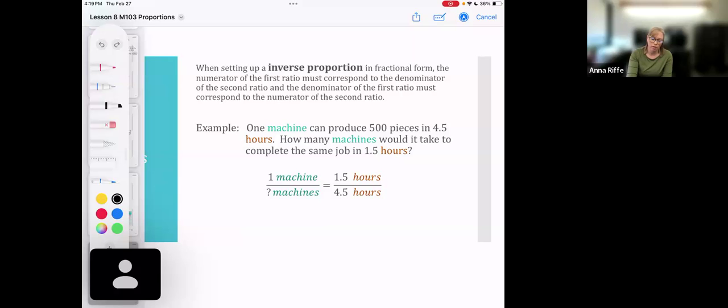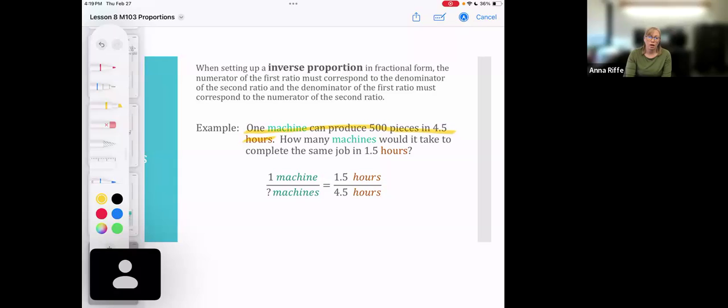So same known relation as our previous problem. We are asked then how many machines would it take to complete the same job in 1.5 hours.